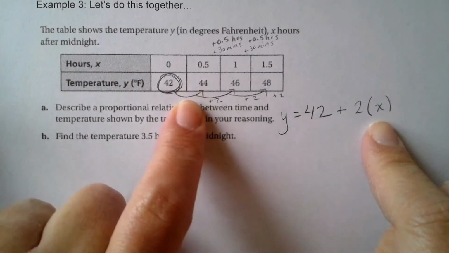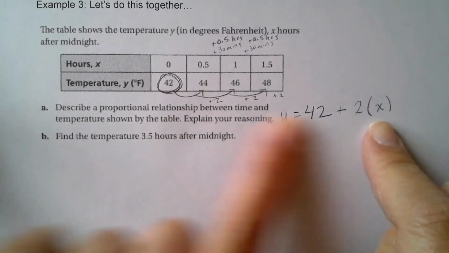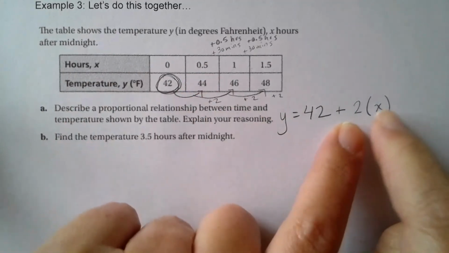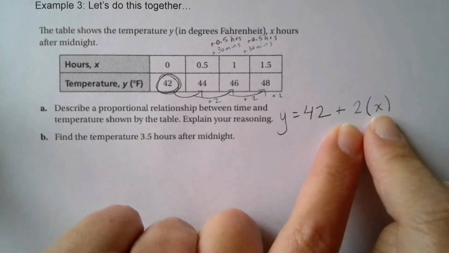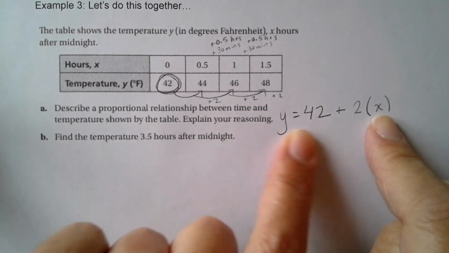It's changing 2 degrees. We're letting X be the hours, so that's why I didn't put 0.5 here. Does that make sense so far?